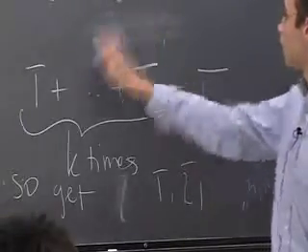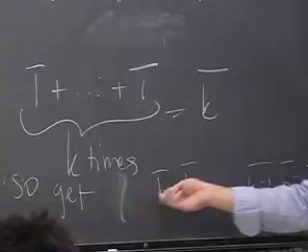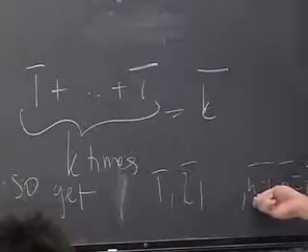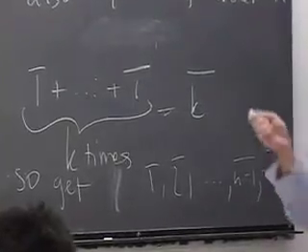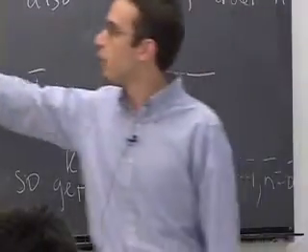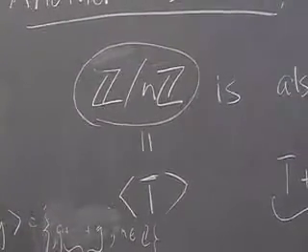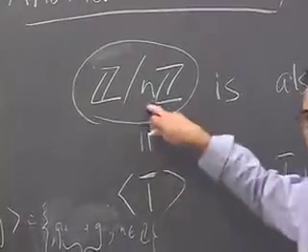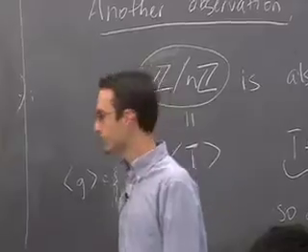So that's k bar. So in particular, I have in the cyclic subgroup generated by 1 bar, 1 bar, 2 bar, all the way up to n minus 1 bar and n bar, which is 0. But we saw before that's all of the elements of Z mod nZ. So if everything that's in here is in here, then these must be equal. Is that clear? Great.